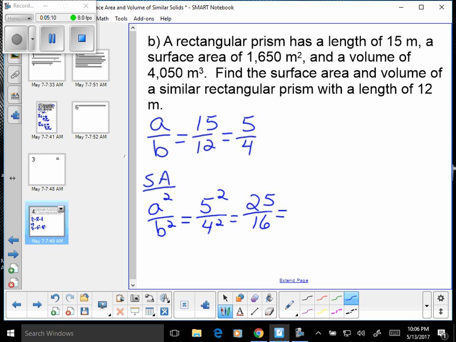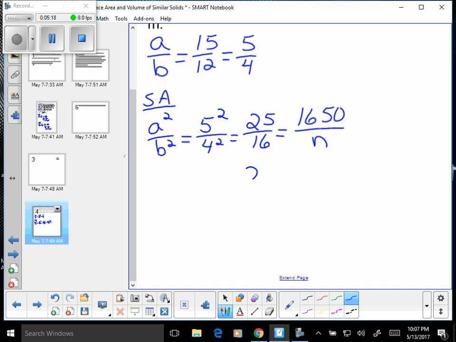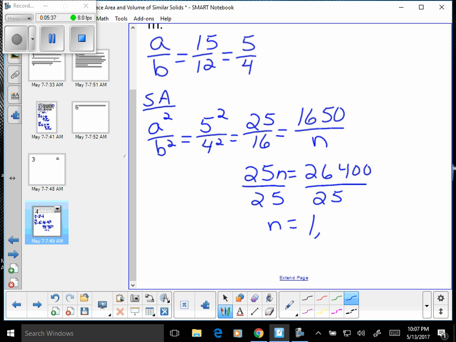The known surface area is 1,650 over n. 25n is going to equal 26,400. If you want to, hit pause at this point and finish it out yourself. By all means, go ahead and do so. And if we divide that out, we're going to get 1,056 square meters.